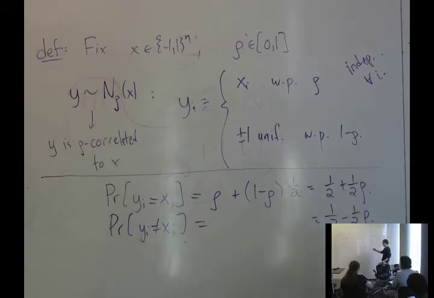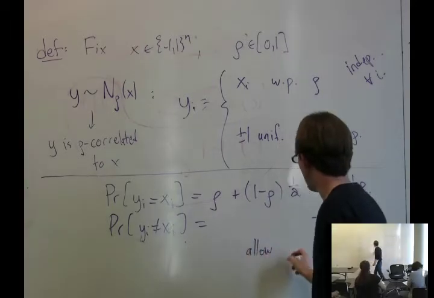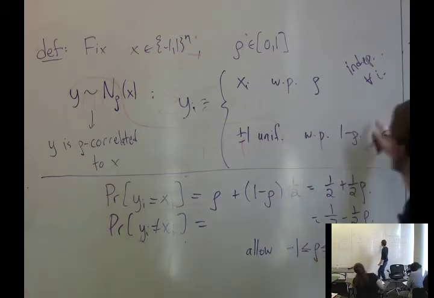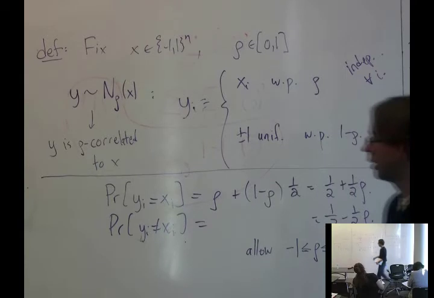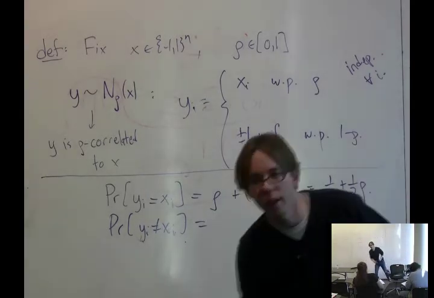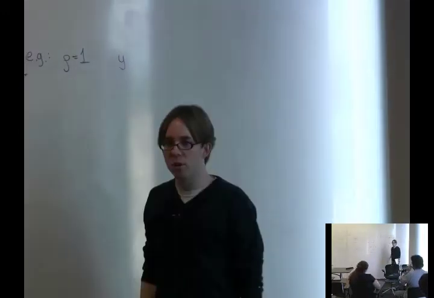And actually, now that we have this, we may as well allow rho to be negative, or at least between -1 and 0. This definition doesn't make sense for negative rho, but this one does, so we'll just generalize to this case. So this rho kind of measures the correlation between x_i and y_i for each i. In particular, just so we're clear, if rho equals 1, what does that mean about the random string y?